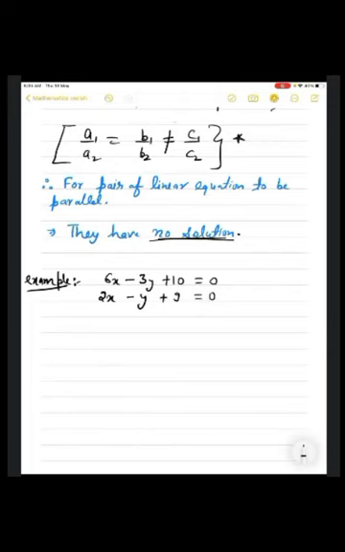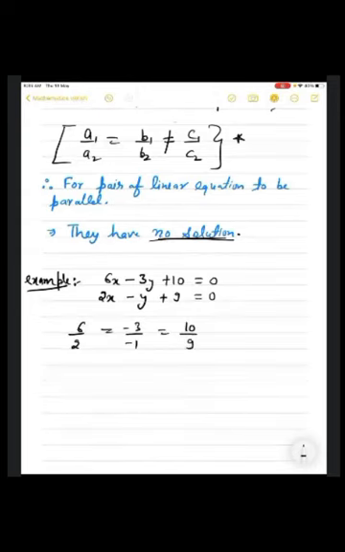What are A1 upon A2, B1 upon B2 and C1 upon C2? Will this pair of linear equations have intersecting form, coincident form or parallel form? What will be the graph of these linear equations? Parallel, because first is 6 by 2, another is minus 3 by minus 1 and C1 by C2 is 10 by 9.